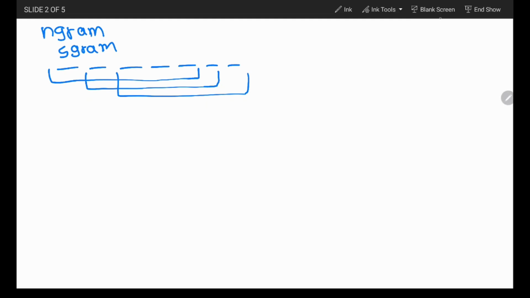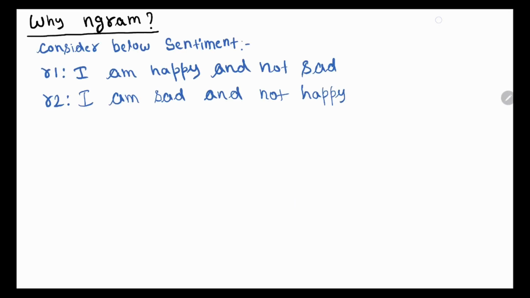Now let's move on to the next slide. Now let's see why ngram. For understanding why ngram, let's consider the below two sentiments. If we see the first, it's a positive sentiment, and the second is a negative sentiment.